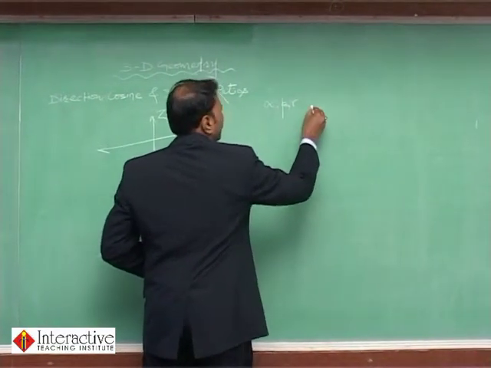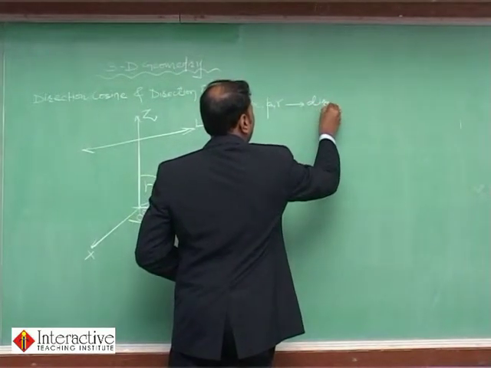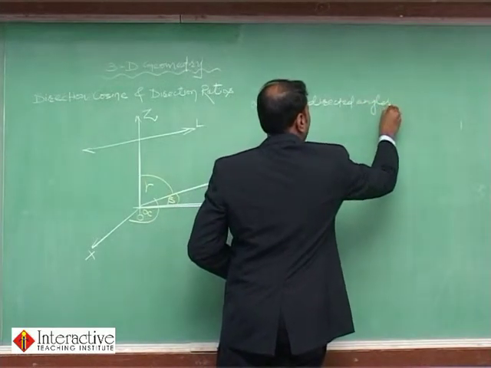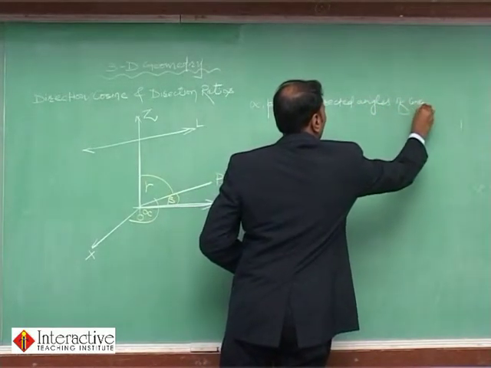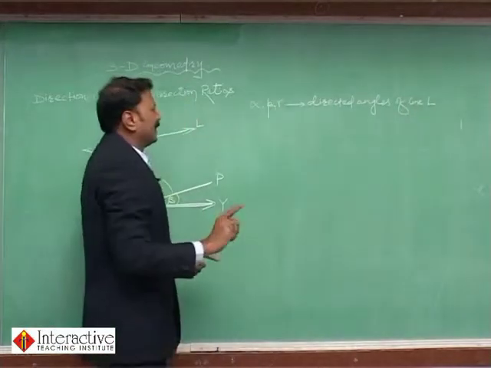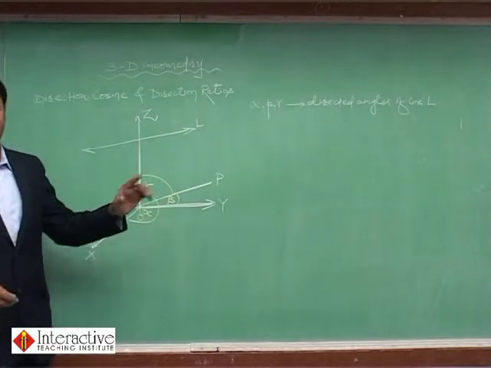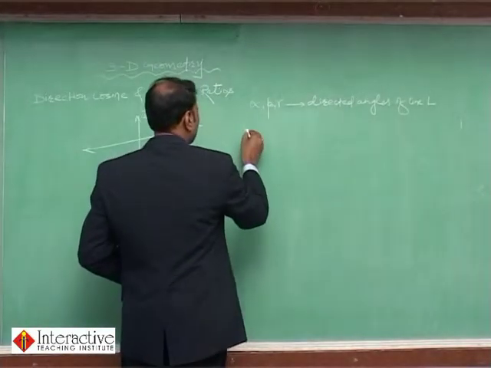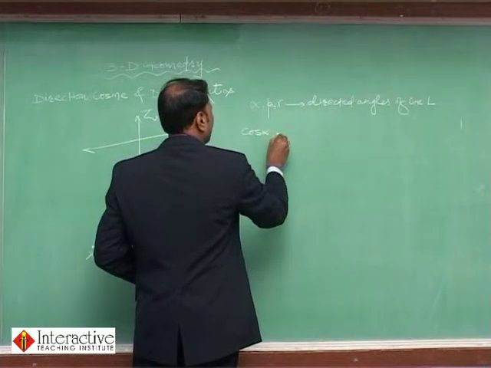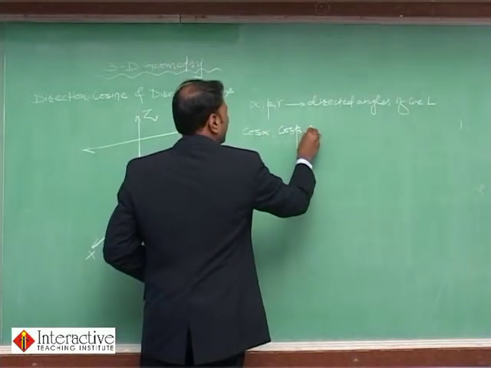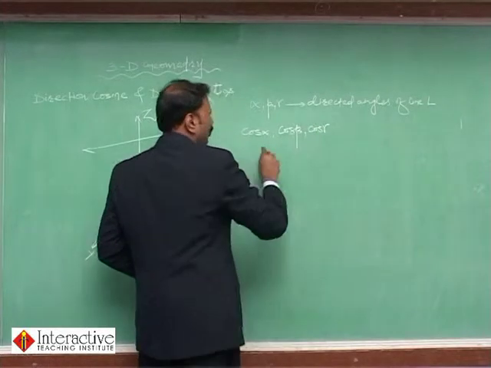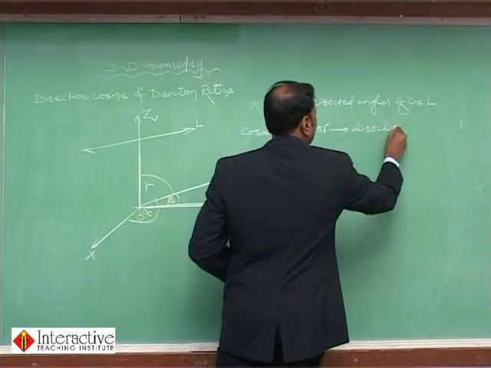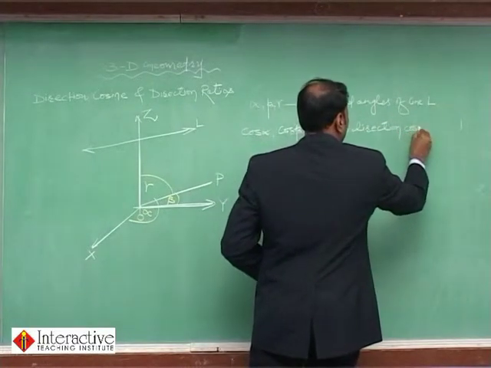Then these alpha, beta, gamma are called directed angles of line L. And their cosines, that means cos alpha, cos beta, cos gamma, will be called direction cosines.